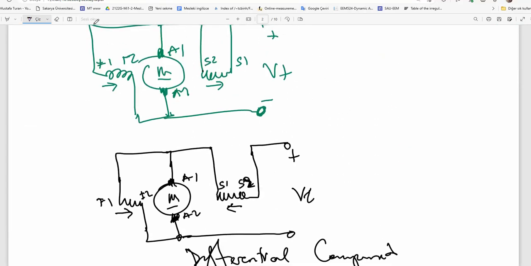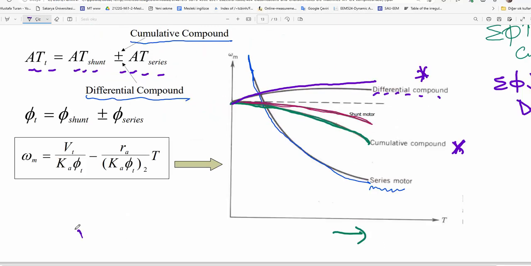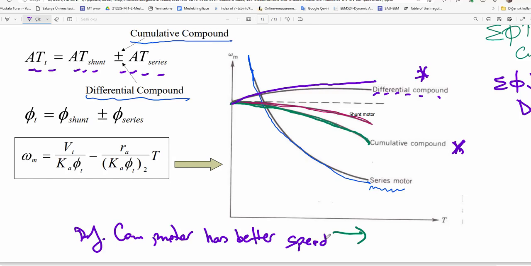Okay, ladies and gentlemen, as you see, the differential compound motor has a better speed regulation. While you load the motor, there is not too much speed change, as you see from the figure. Speed changes a little bit. We use the differential compound motor to have better speed regulation.